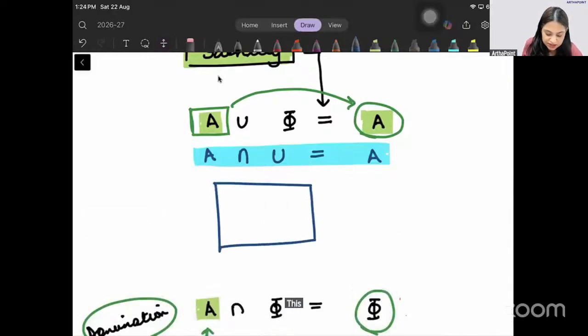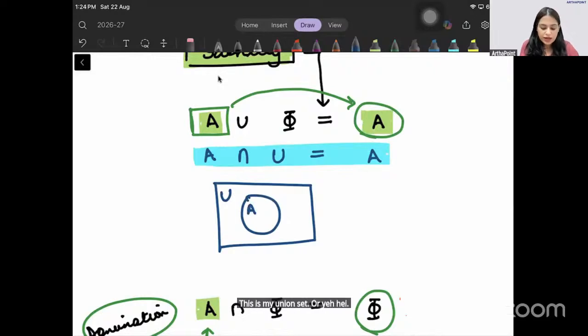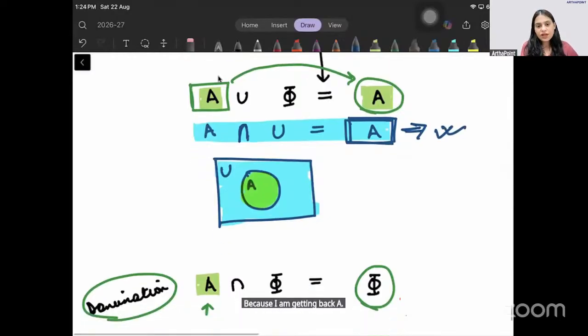This is my union set. ये मेरा union है और ये A है. If I find the common between the entire union set and A, I will get A itself. So this is also identity because I am getting back A.